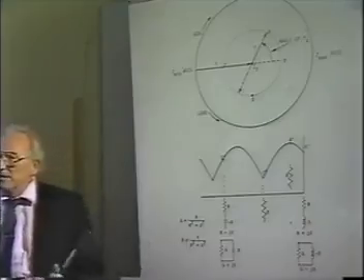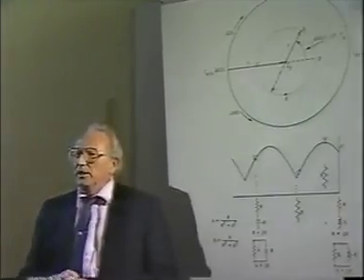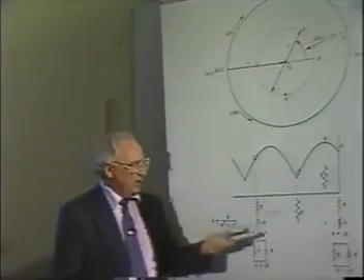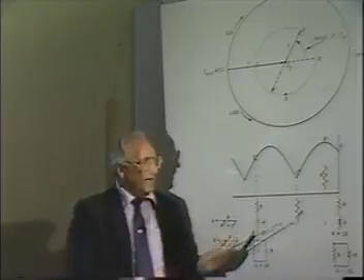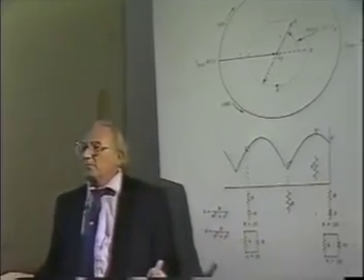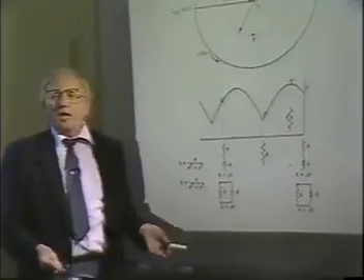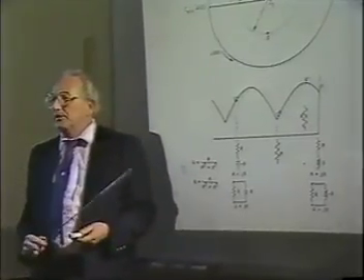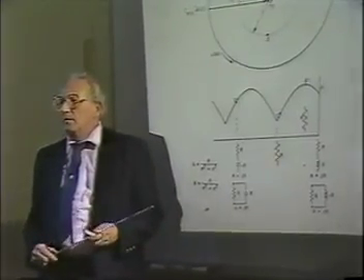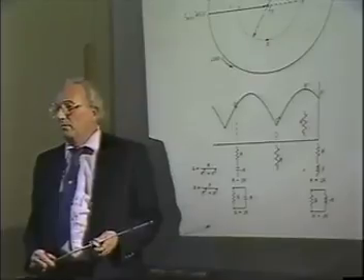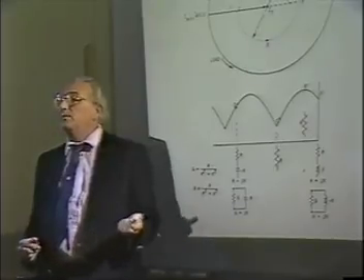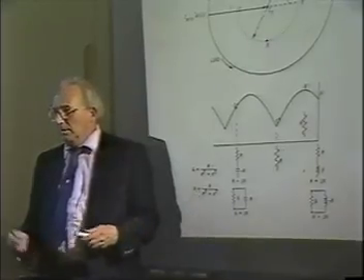Now, it's very interesting about this particular indication, because if I have a load here, and I tell you the first minimum is located 200 degrees from the load, how do you find the load? You see, I give you the key.